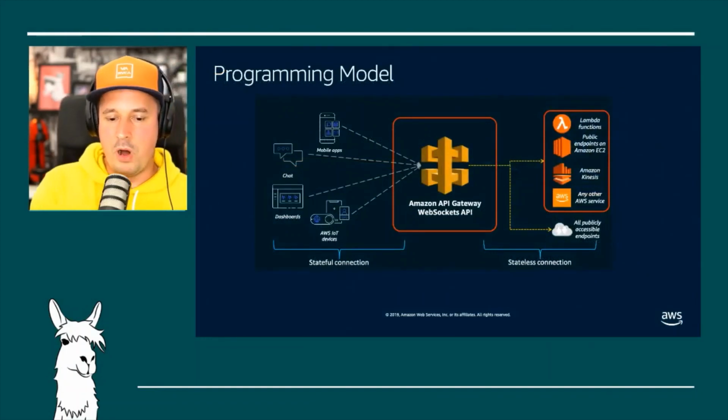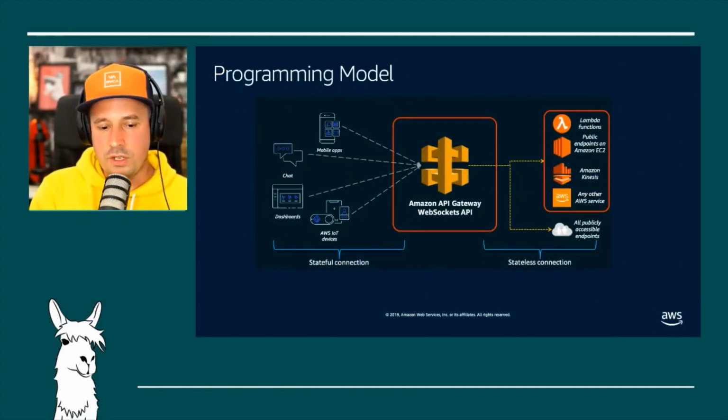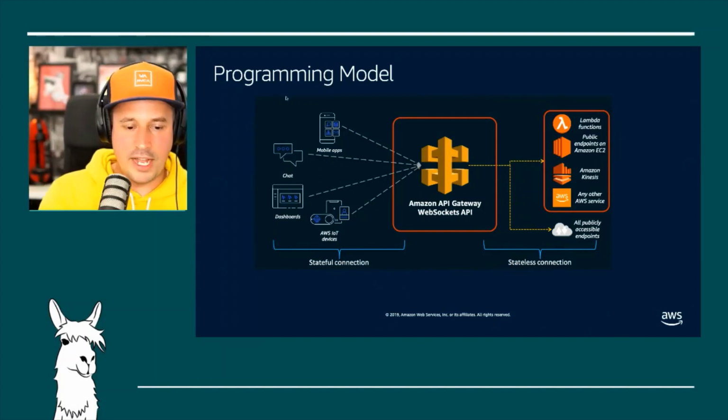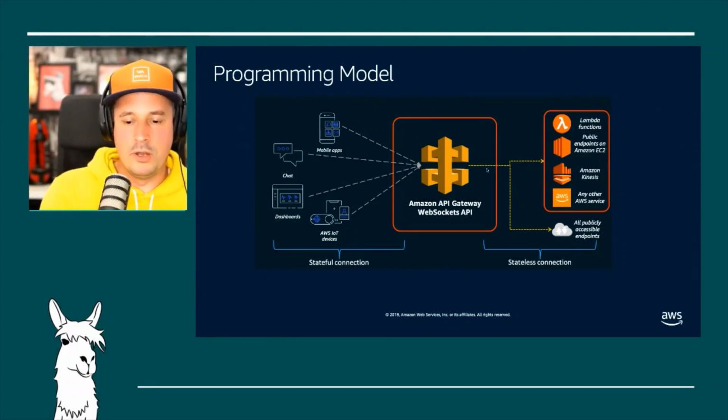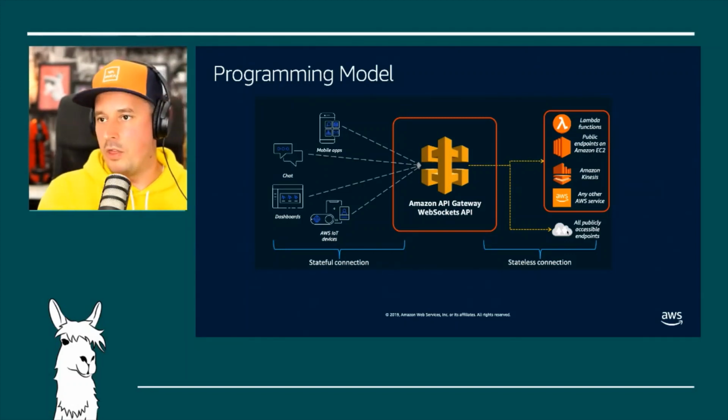This is the model that you have. Mobile applications on the left-hand side here, chat applications, dashboards, IoT devices, they have a stateful connection to API Gateway. Then API Gateway gets a message from one of these devices, and it sends it almost as a proxy to either a Lambda function, a virtual machine, a service like Amazon Kinesis or any other AWS service for that matter, or any other API that you might host anywhere.